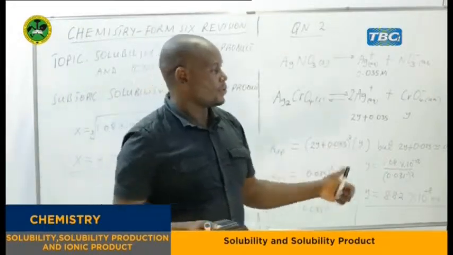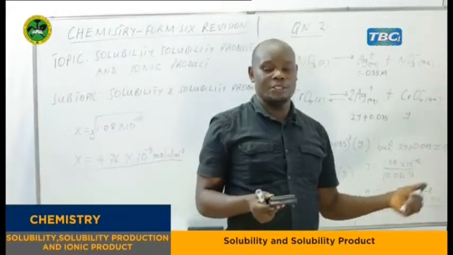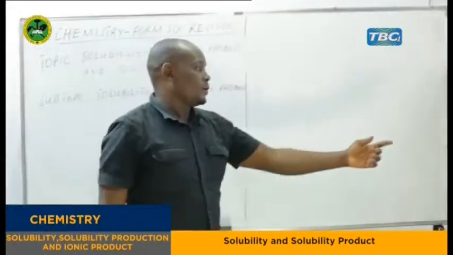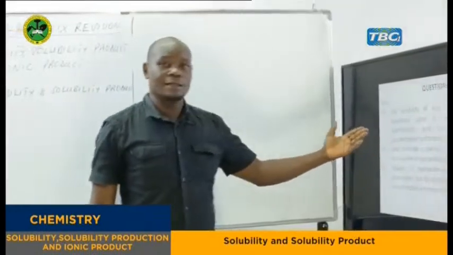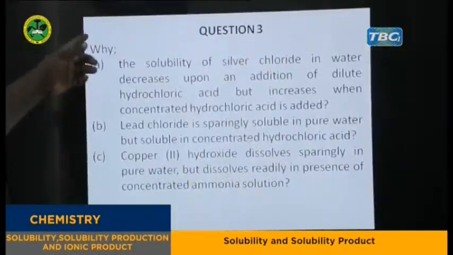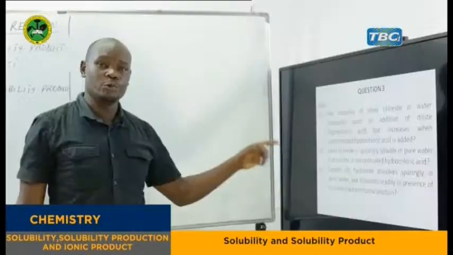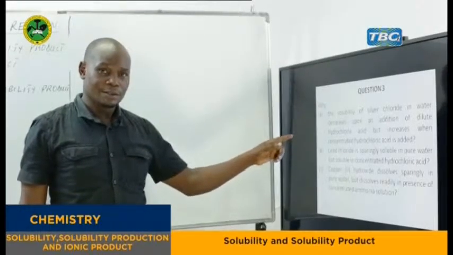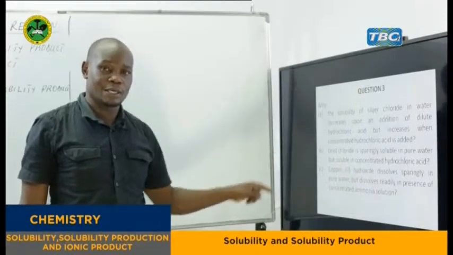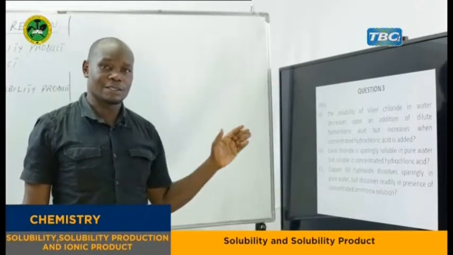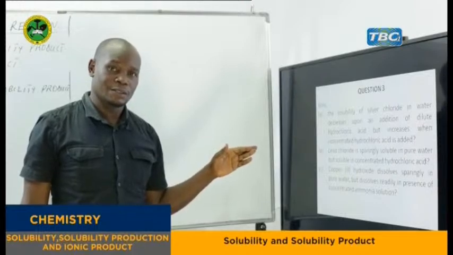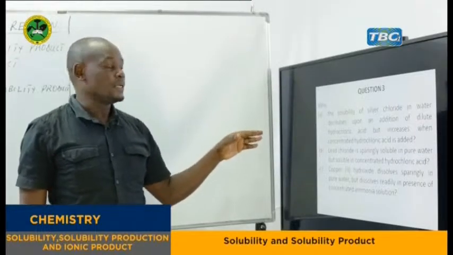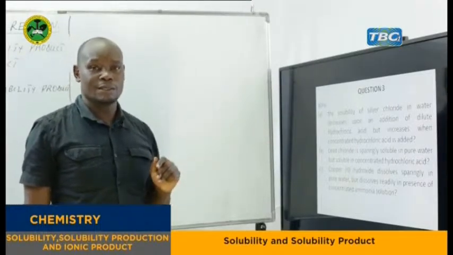Now from there, let us consider the third question. The third question requires you to use the knowledge of complex compound formation. You remember that we discussed that one of the factors that affect the solubility of a sparingly soluble substance is the formation of a complex compound.